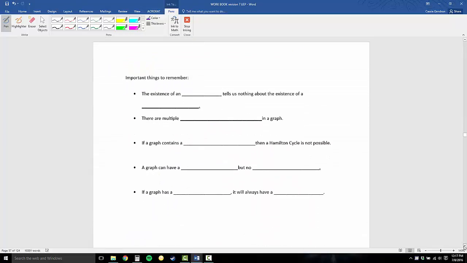Okay, so important things to remember, and you might have figured a few of these out already. The existence of an Euler cycle tells us nothing about the existence of a Hamilton cycle.